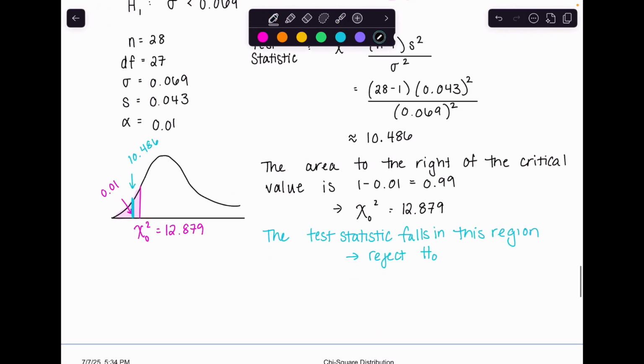So here there is evidence to support the claim. Likely the machinery is much more efficient and is giving us a standard deviation that is smaller than the prior one. So fantastic, that's what we want.